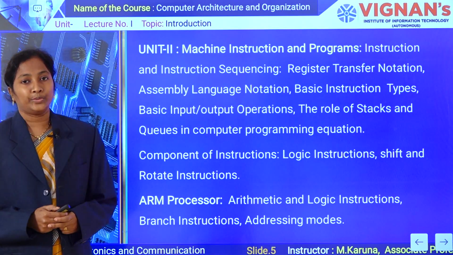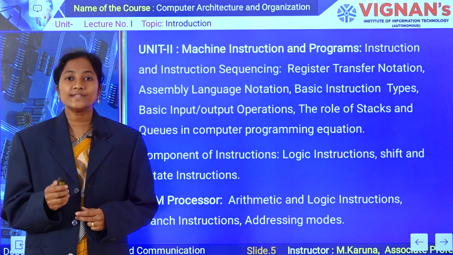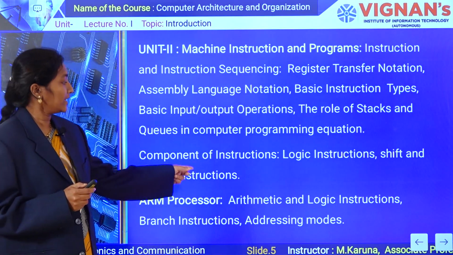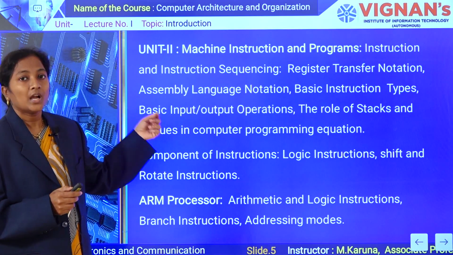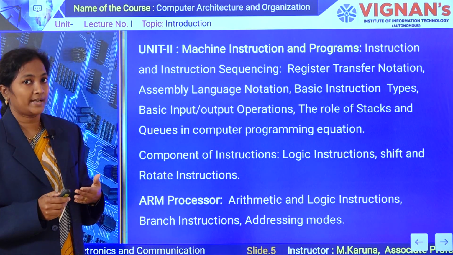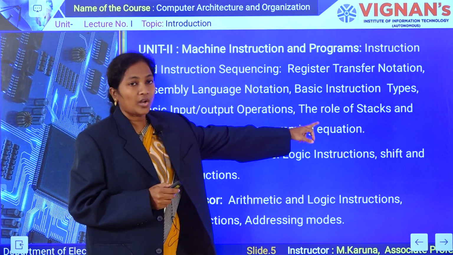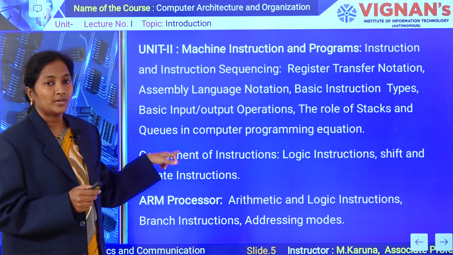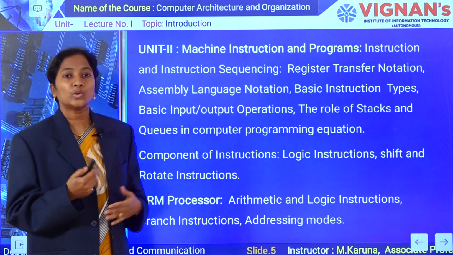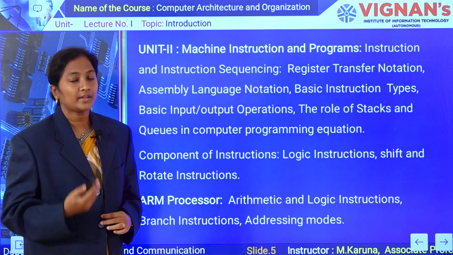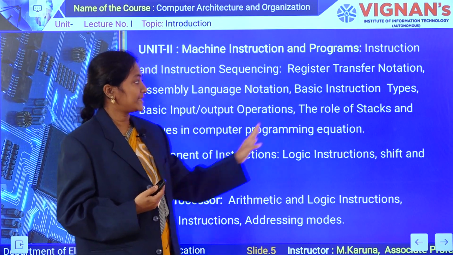Coming to unit 2, we will discuss about the micro arithmetic instructions and logical instructions. In this we will study the instruction format and their notations, and also we will see the role of stacks and queues. You know, the stack, we can use the stack to store the data and to retrieve the data in LIFO manner, last in first out.